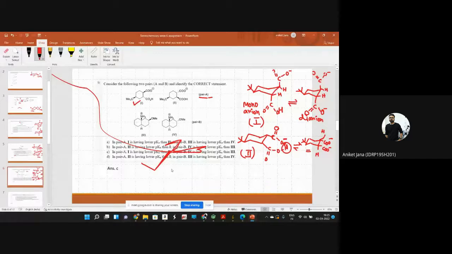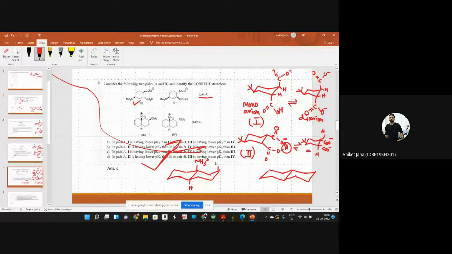Now, in case of the pair B, we can discuss the answer the same way. Let's draw. So here NH3 positive is there, and here hydrogen is there.